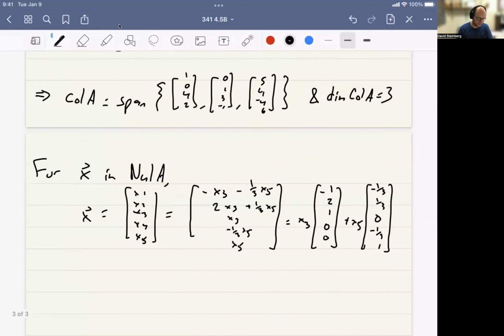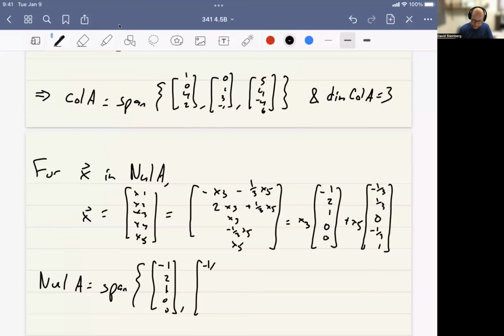And so this is telling us that the null space of A is the span of these two vectors, (-1, 2, 1, 0, 0) and (-1/3, 1/3, 0, -1/3, 1). And so the dimension of the null space is just 2.